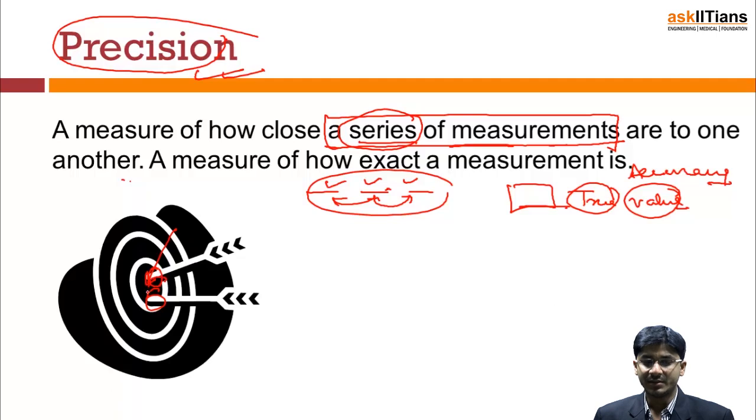But all the hits are very close to one another. So, if I denote this as the bullseye, I hit here, here. I am hitting very close together, but not at the bullseye. I have a very high precision, but I am not accurate. Who will be accurate? Who will hit here? He is being more accurate.